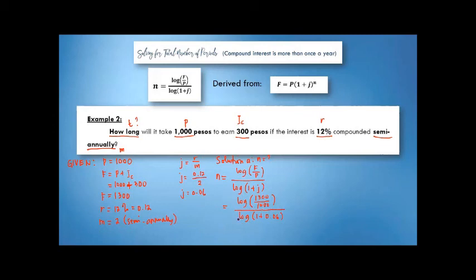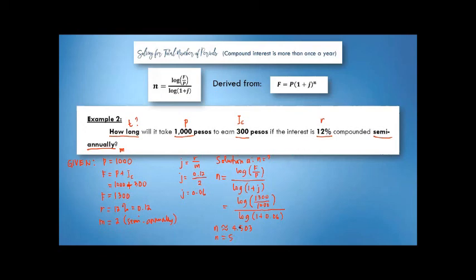Now, kung i-input natin to sa calculator, hindi ito saktong whole number, ito ay approximately equivalent to 4.503. So, i-round off natin siya into whole number. Ang 4.5 ay magiging 5. So, ang whole number nito ay 5. So, ito na yung gagamitin nating n.